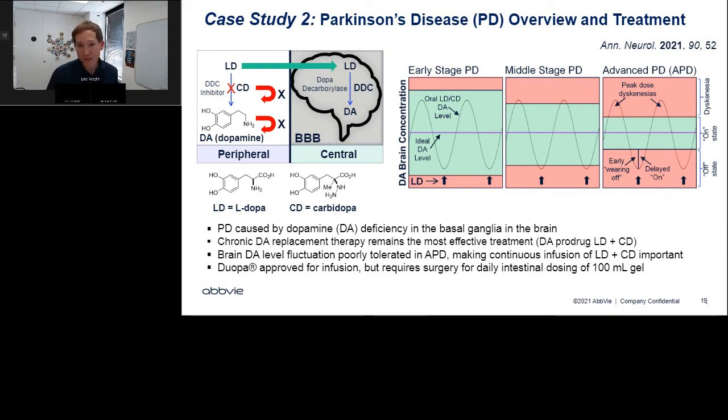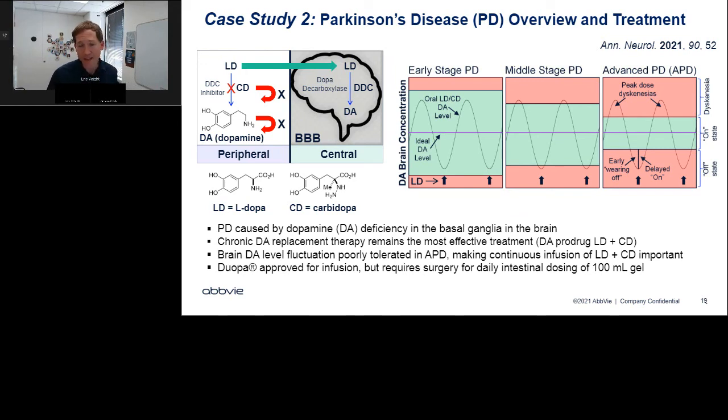So with this, another issue, besides the complex pathway here, is that levodopa and carbidopa both have very short half-lives. So with oral dosing, which has been used effectively for about half a century, of course, you have highly fluctuating drug levels.